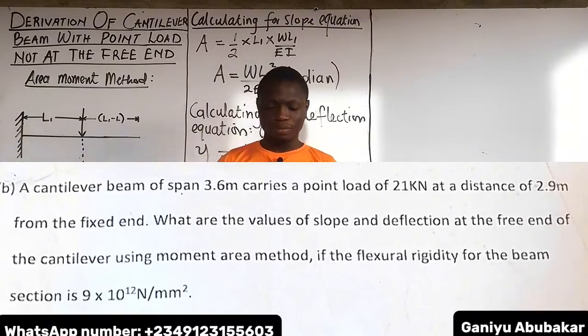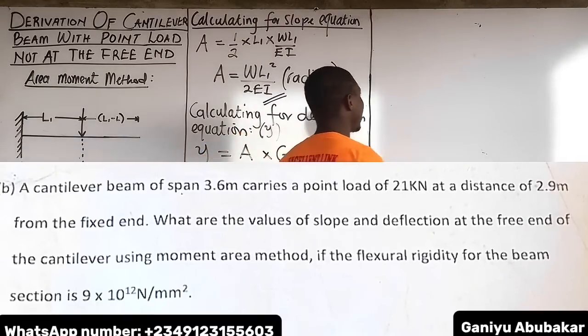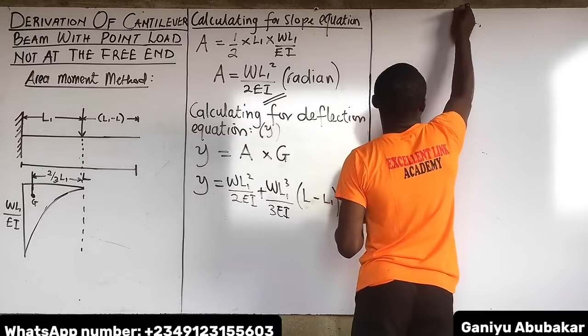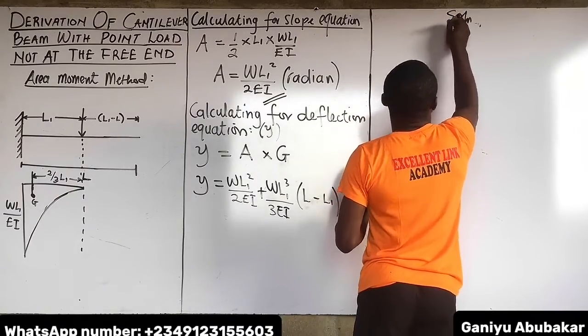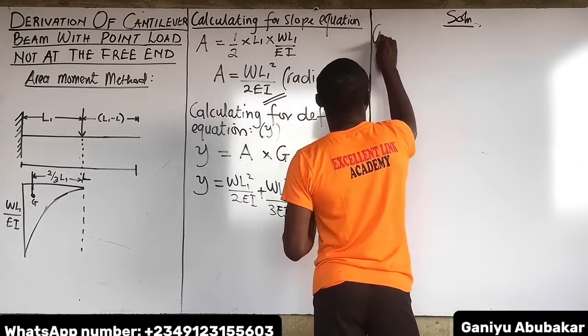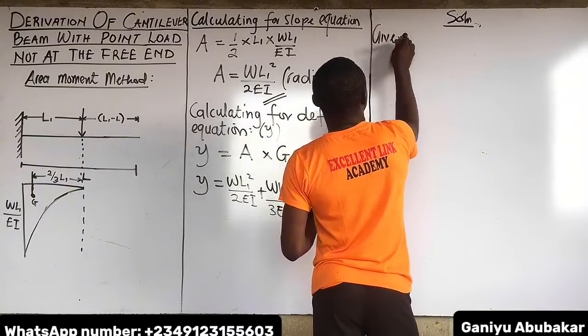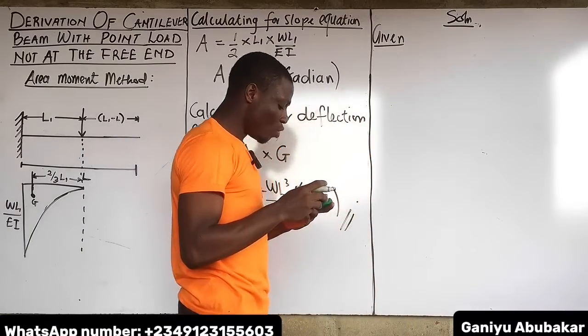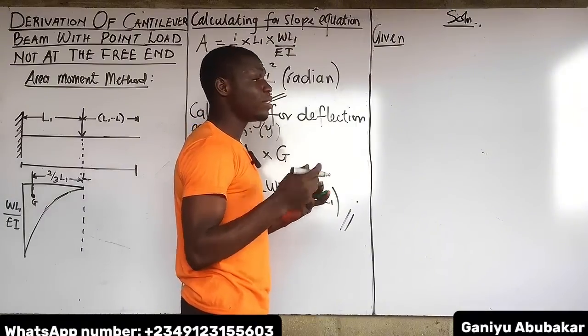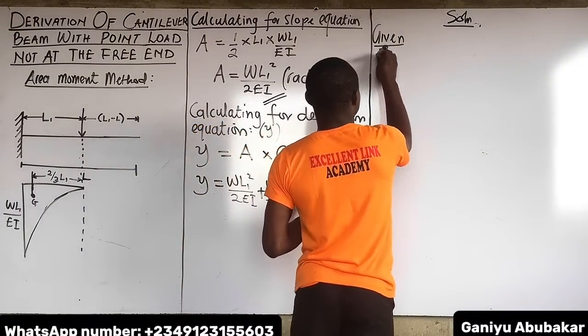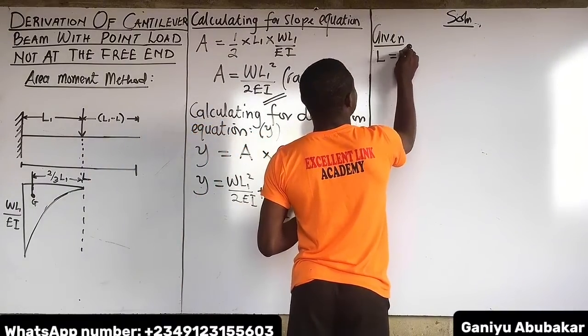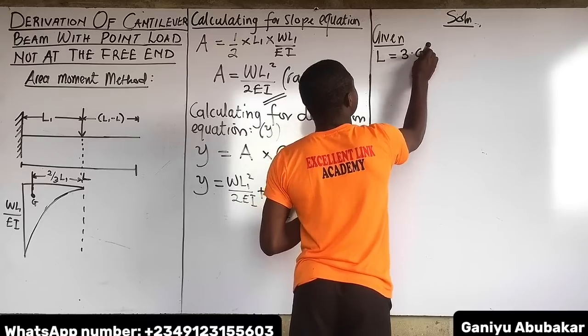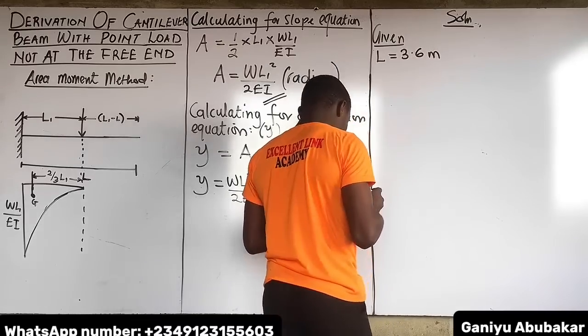Let's get this done. First things first, your first task in science is to list out the given parameters and units. What are you given? There I'm given that a cantilever beam of span 3.6 meters. So that's my length, L, 3.6 meters, as my first length.